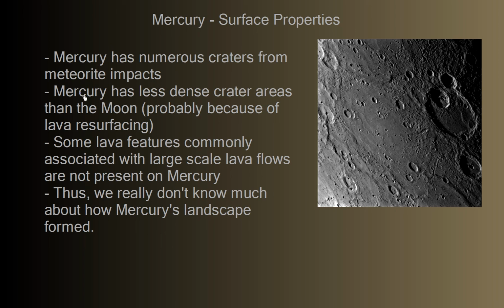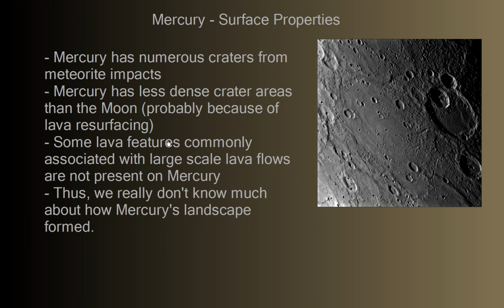But in comparison to the moon, Mercury does have less dense crater areas. And this is probably because of lava resurfacing, more lava activity really early on in Mercury's history that would have covered up a lot of the early bombardment craters. But we don't know a lot about Mercury, and so we're not 100% sure about this.